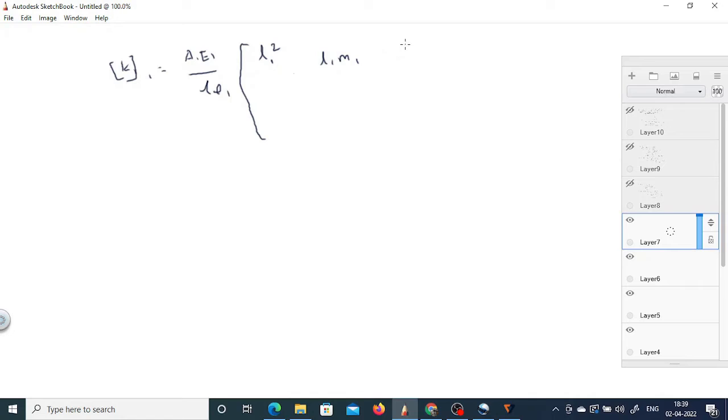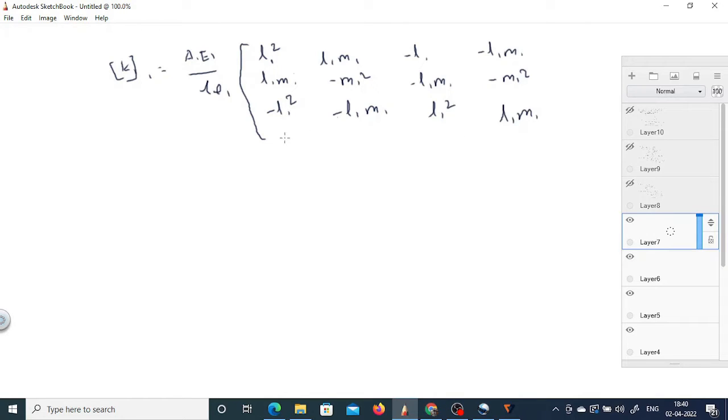Already we identified the L1 value and the M1 value. Minus L1 M1, after that L1 M1, minus M1 square. After that minus L1 M1, minus M1 square, then minus L1 square, minus L1 M1, L1 square, L1 M1.